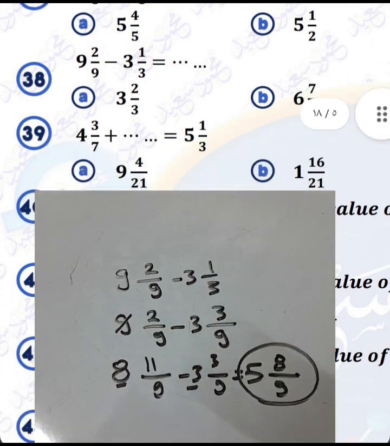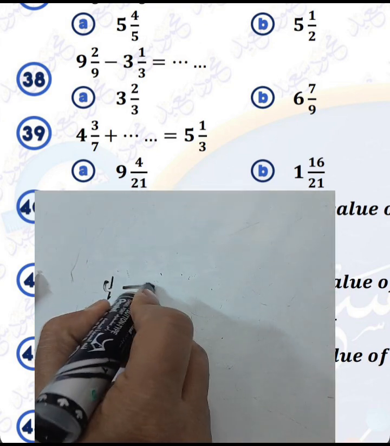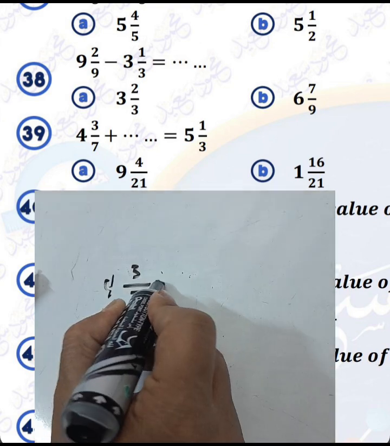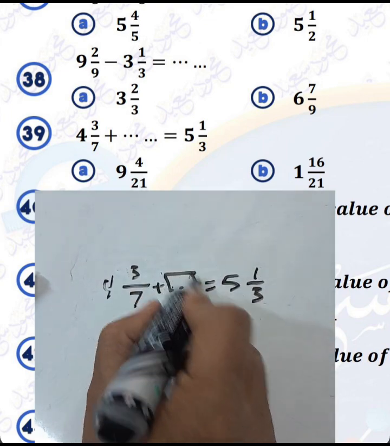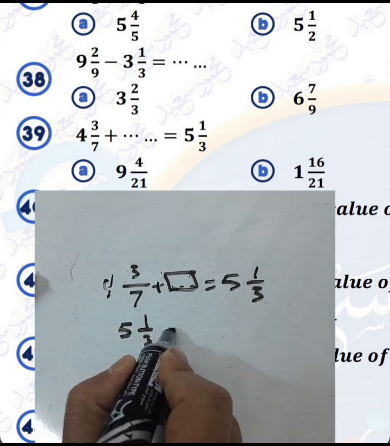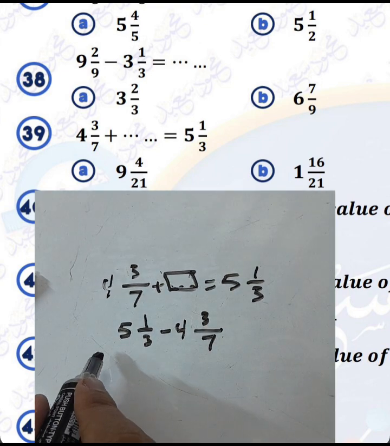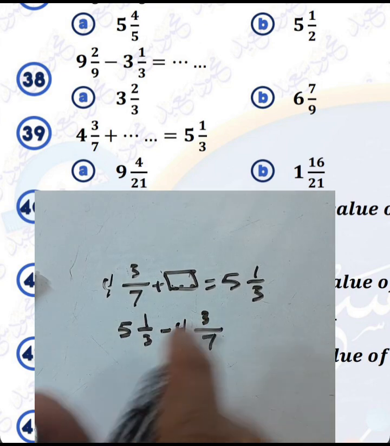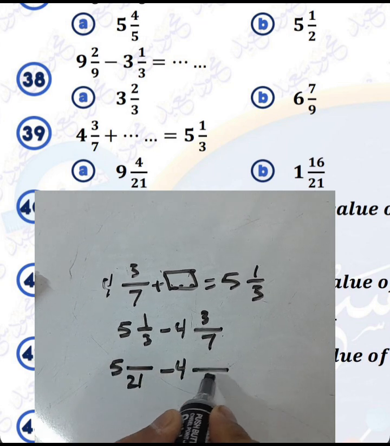Question 39. 4 and 3 over 7 plus what equals 5 and 1 over 3. We can find this number by finding the difference between two numbers. Write 5 and 1 over 3, subtract by 4 and 3 over 7. In this example, we can find the least common multiple between two denominators.